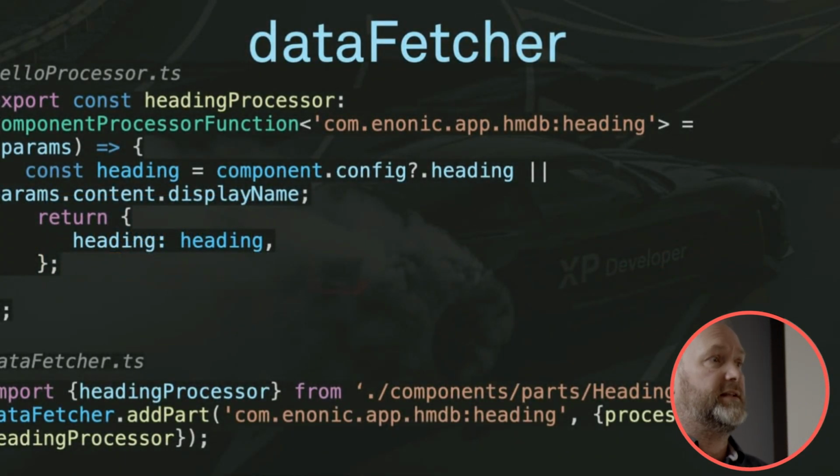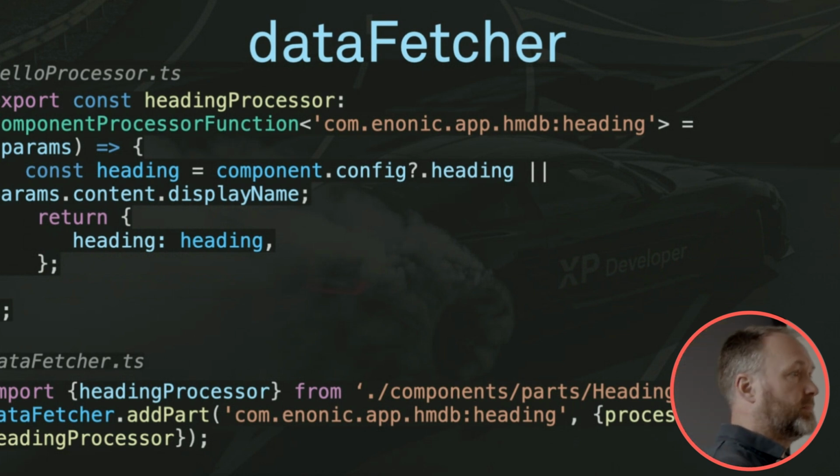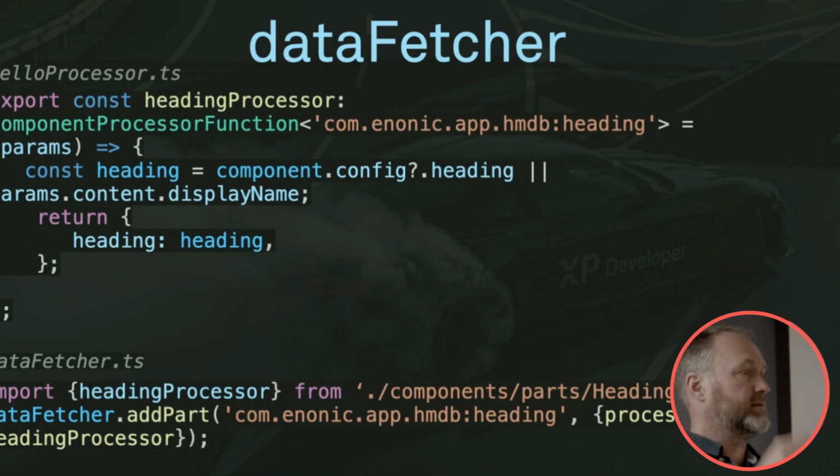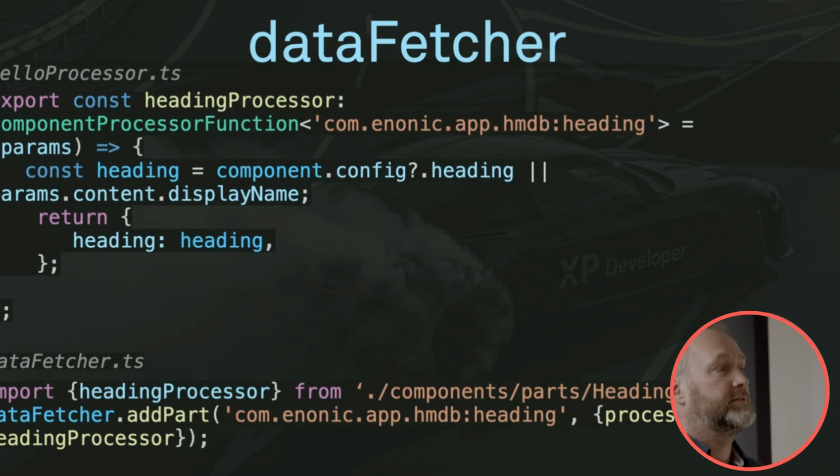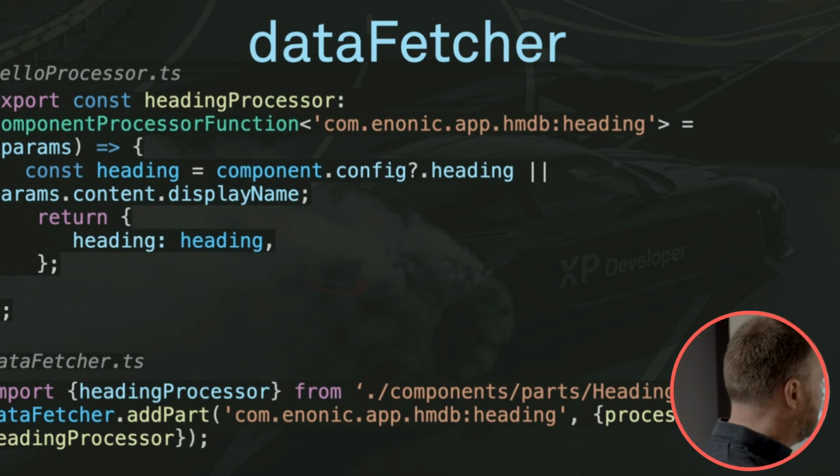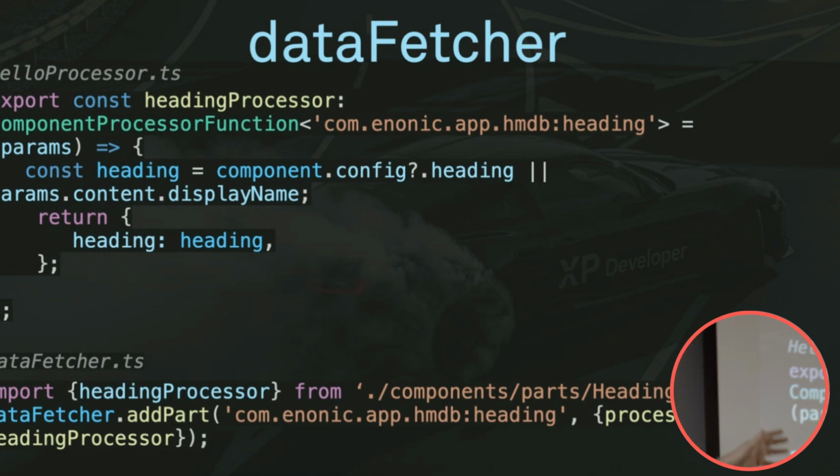So as I mentioned, the data fetcher does the job of getting the data you need, right? So you might have a bunch of different components on a page. It could be the heading, the article list, whatever you might come up with. And each of these needs data to render properly. And in order to be efficient and execute only what you need, we have made a concept that lets you define what we call a data processor.